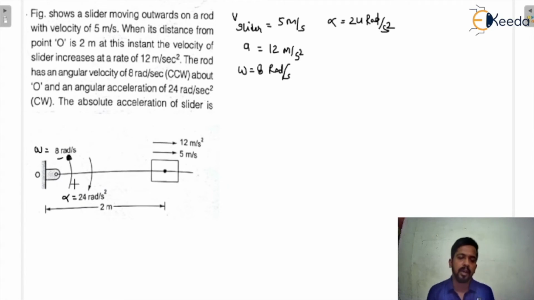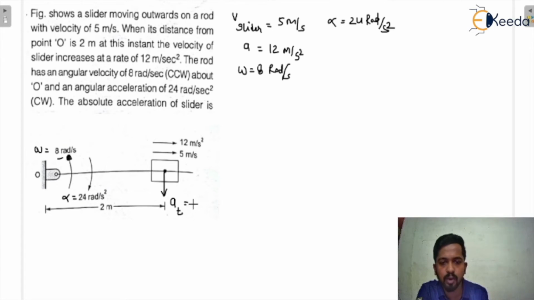So when there is angular acceleration in the clockwise direction, there will be a tangential acceleration in the direction perpendicular to the link, which is equal to r alpha. At this point we have to calculate the absolute acceleration of the slider.